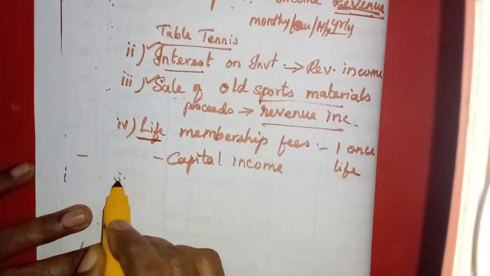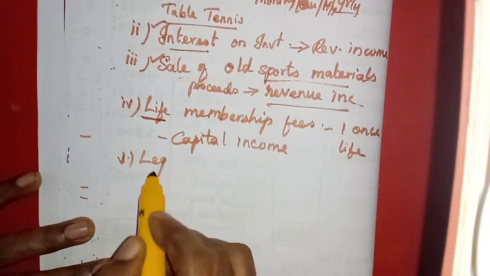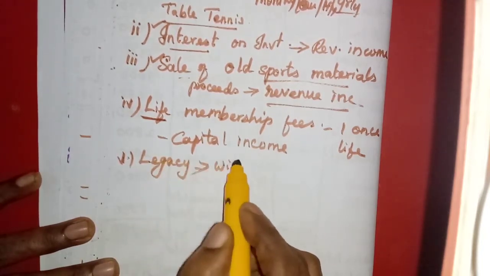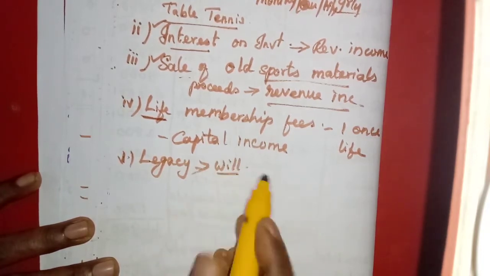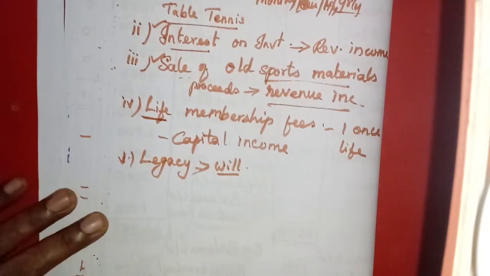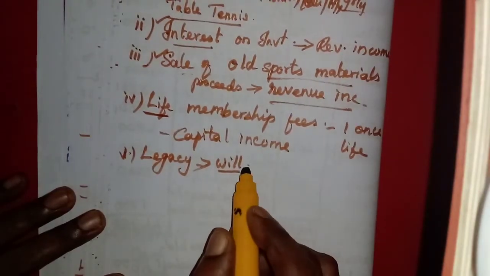Then next one, legacy. Here it is on voluntary will. Somebody will write a will, transferring their property to an organization. It may be a church or a school or anything.